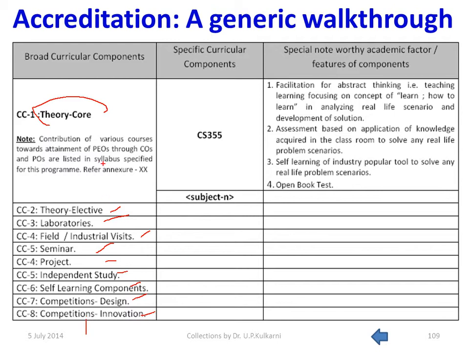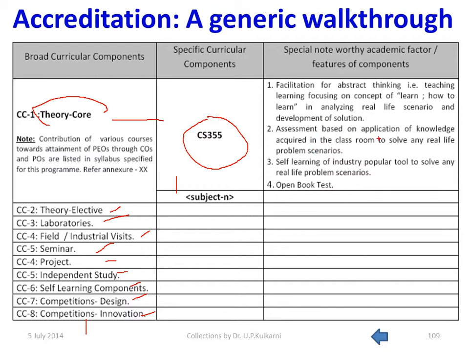Here is one example. Under theory core, right, the specific important noteworthy academic features, factors I highlighted here. So for example, CS 355. Like this, all subjects you need to list here. So look at that. Facilitation for abstract thinking, that is teaching learning focusing on the concept of learn how to learn in analyzing real life scenario and development of solution is a noteworthy academic factor.